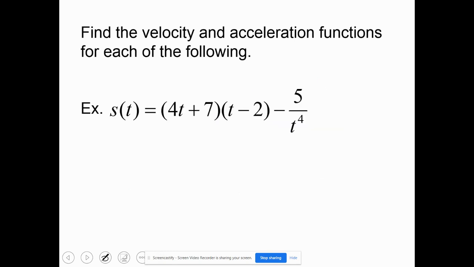Okay, how about this one? I'm looking for my two functions. It's not exactly set up to use the power rule yet. So what can I do? I can rewrite this. The first thing I would do is take your S of t, and why don't you FOIL these terms together for me?